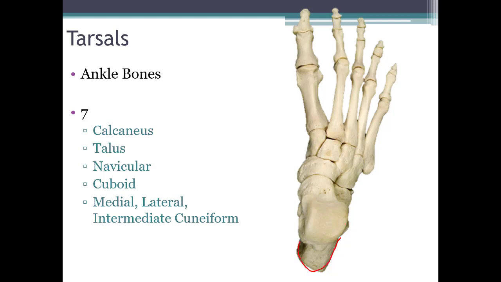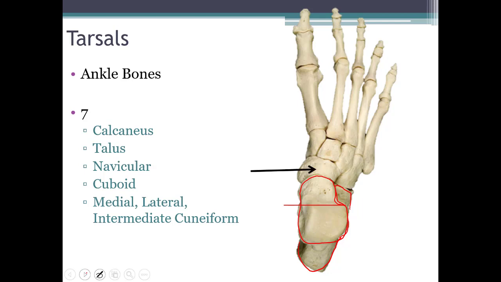So this bone that you see only part of here is the calcaneus. Sitting on top of the calcaneus is the talus. This is what the tibia will sit on, specifically this part of the talus here, and this allows you to plantar flex and dorsiflex. But this entire bone here is that talus.